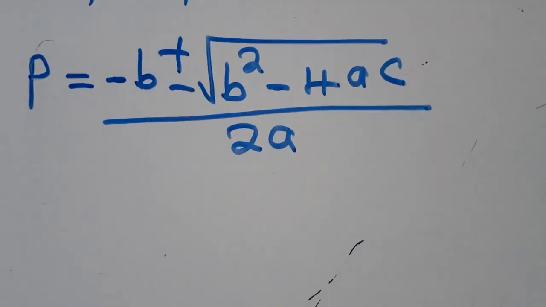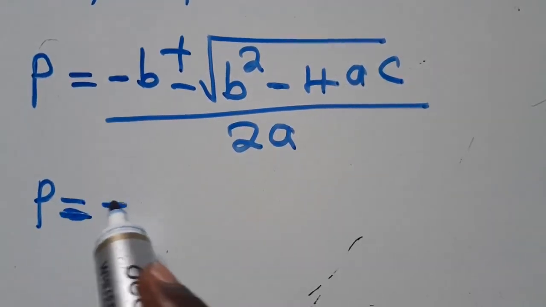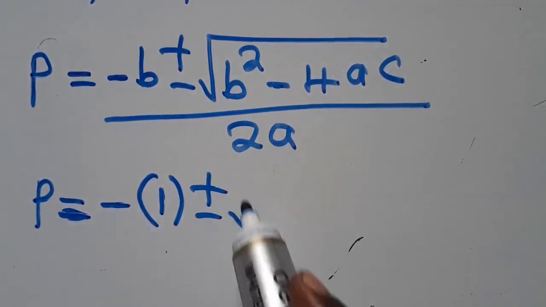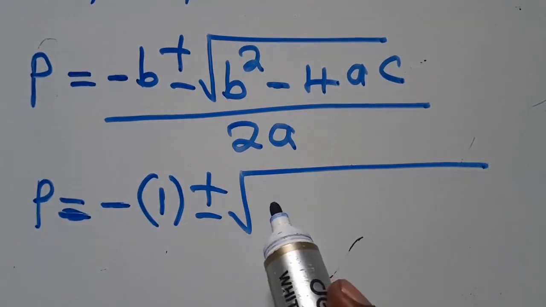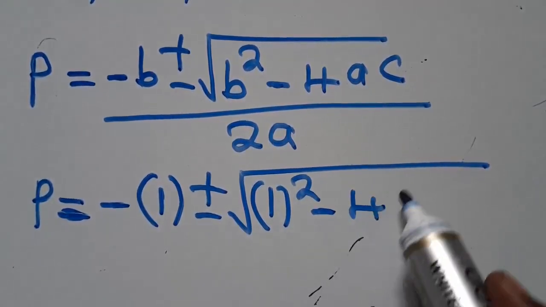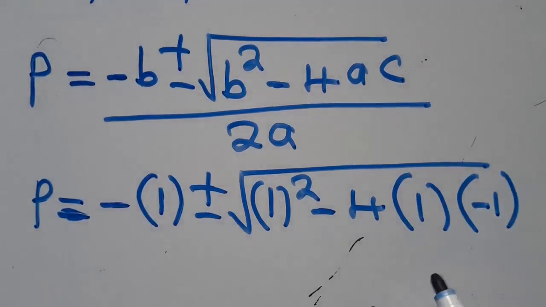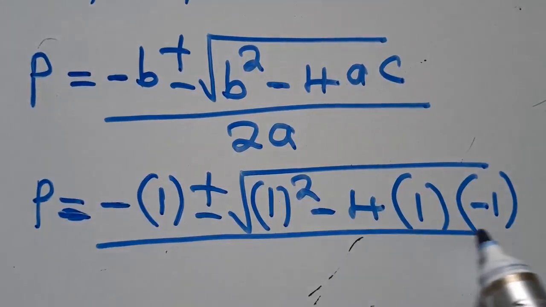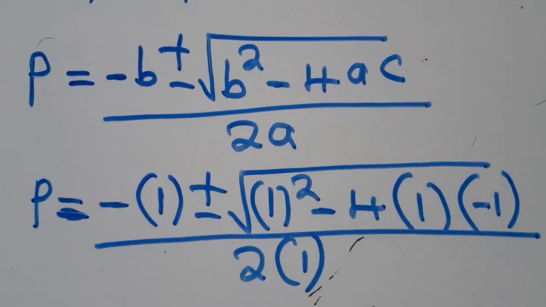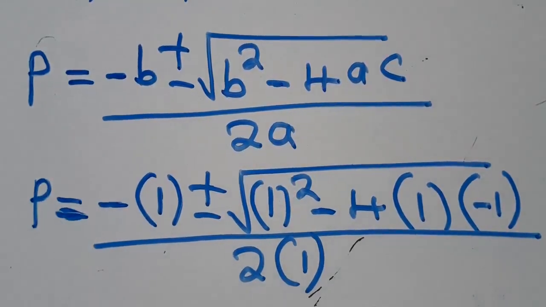P is now equal to negative, what is your B? 1. Plus or minus the square root of, what is your B? 1. 1 squared minus 4, what is your A? 1. What is your C? Negative 1. Over 2 times 1. We are getting everything from there.